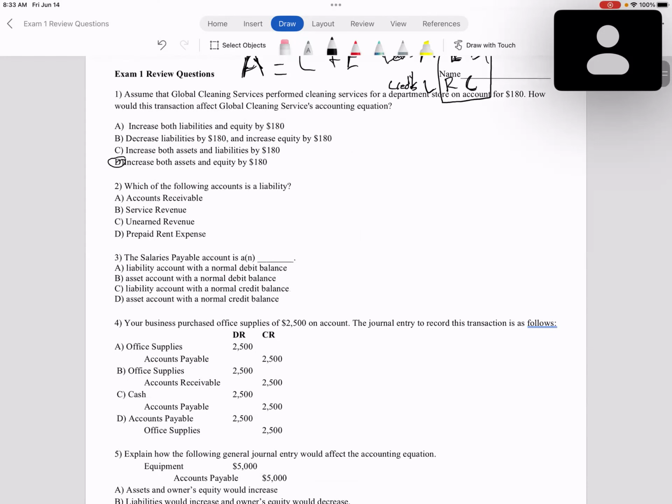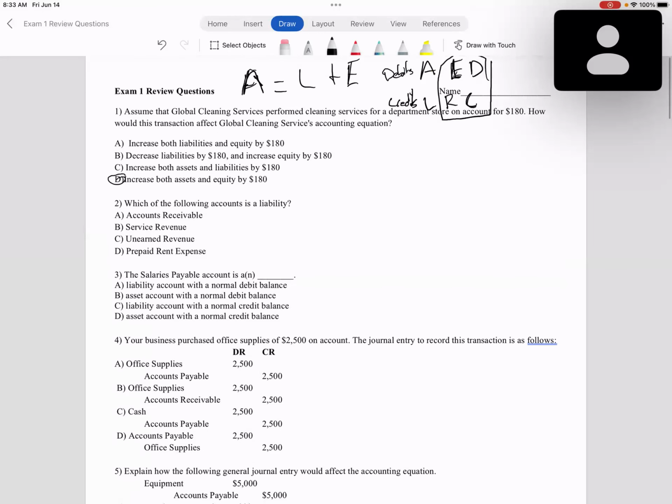Now, the conceptual question here. Which of the following accounts is a liability? Remember, a liability is an obligation of the business, something that we owe to someone else. So anytime we do work or provide a service, that's never going to be a liability, right?